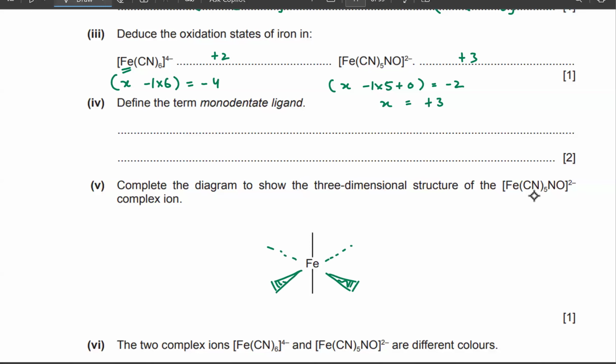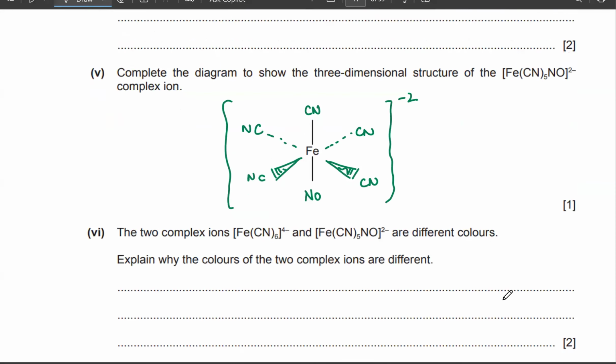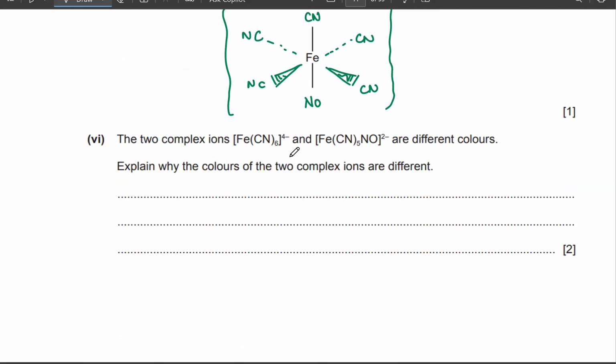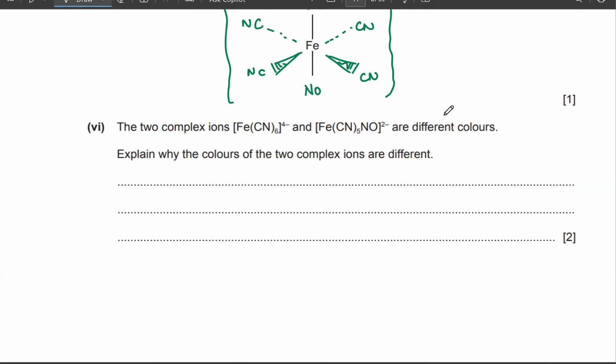It's five CNs and there's one NO. And the overall charge on the entire thing is 2 minus. Again, the two complex ions are different colors.